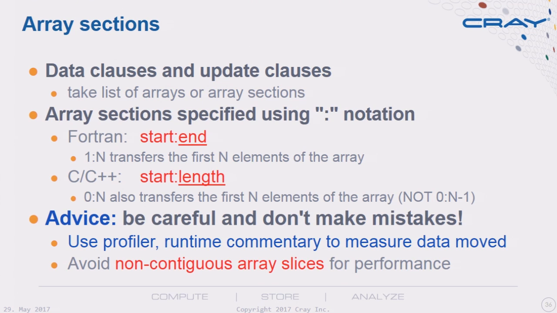In Fortran, we define the start and the end of our array, so we say array A, bracket from 0 to the 10th element, while in C we define a start and the length.